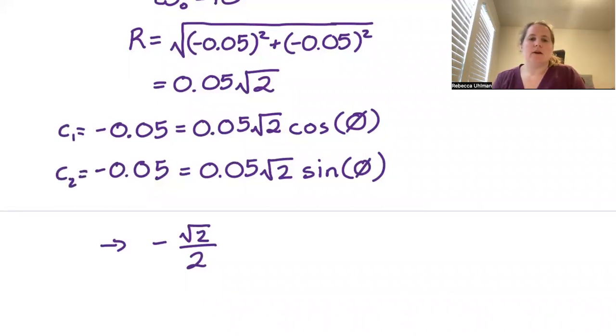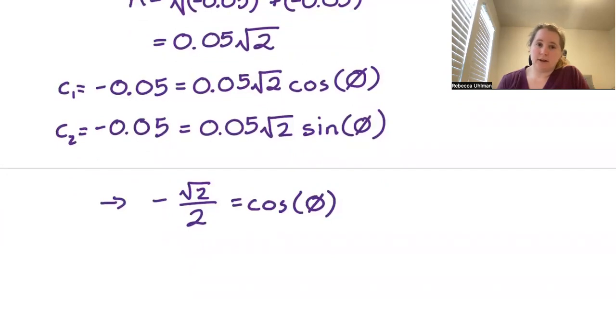For the first equation, if we divide through by 0.05 root 2, negative root 2 over 2 is equal to our cosine of phi. Same thing for the other: if we divide through by 0.05 root 2, we get negative root 2 over 2 is our sine of phi.